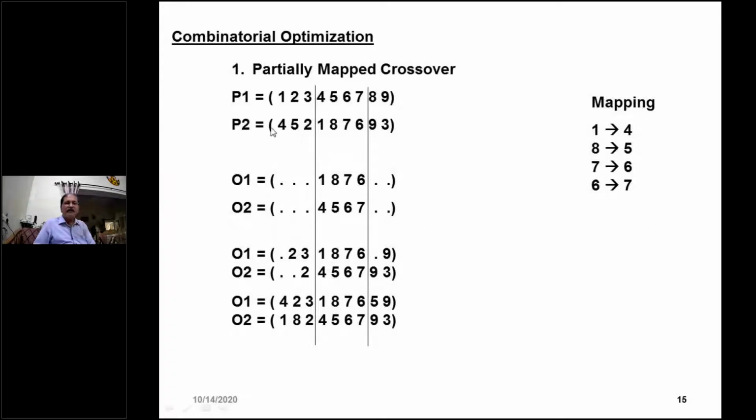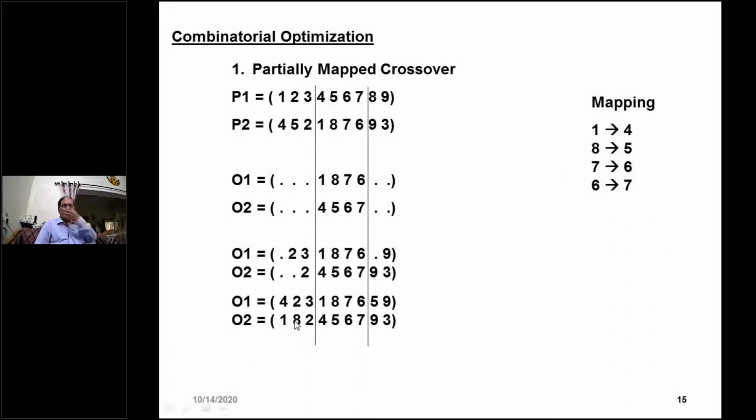For the second offspring, 4, 5, 6, 7 is there, and the vacant positions are the first two. Look at the second parent: 4 is there originally, and 4 is mapped with 1, so put 1 here. Then in the second parent it is 5, and 5 is mapped with 8, so put 8 here.